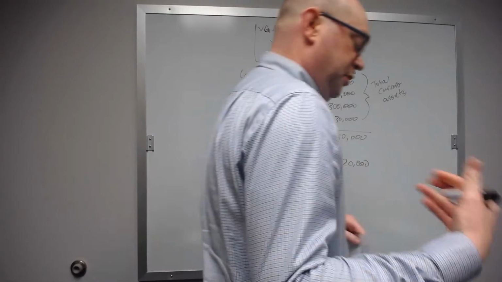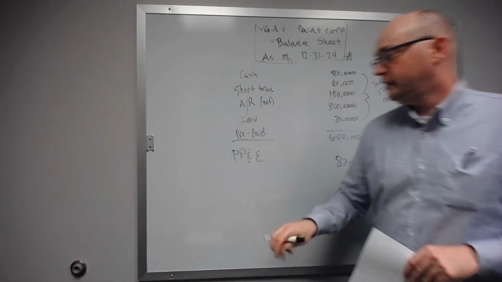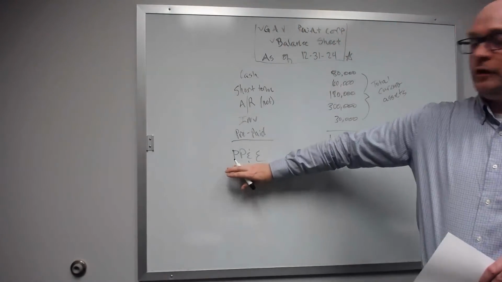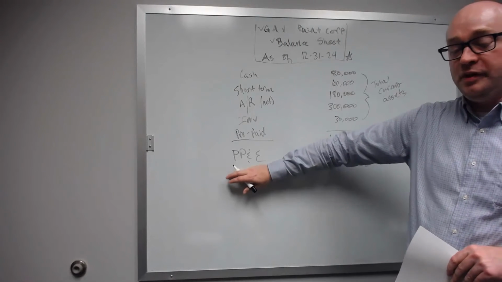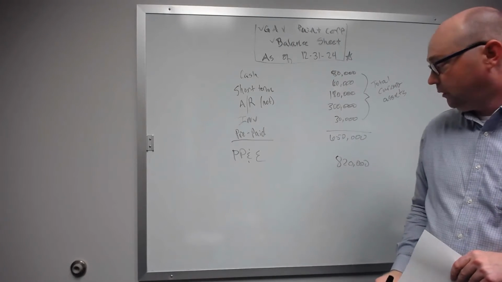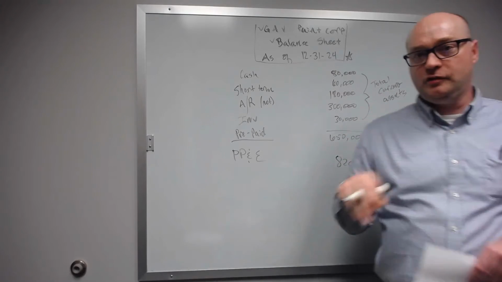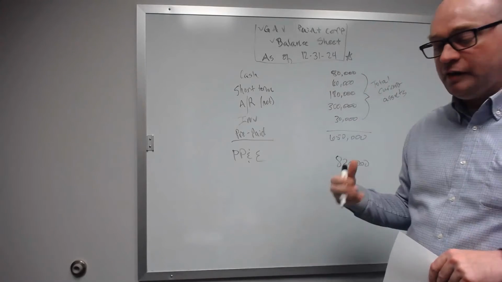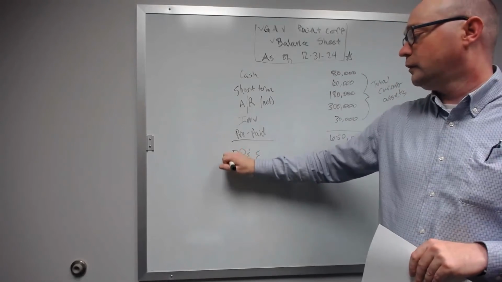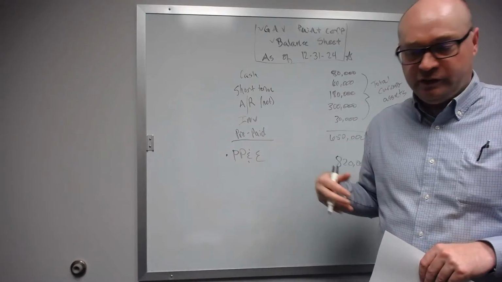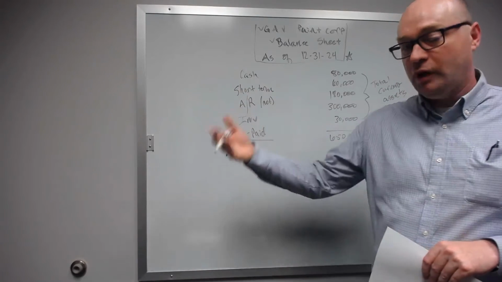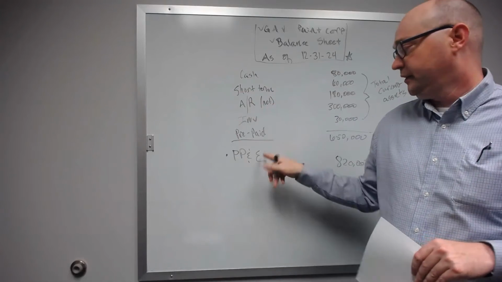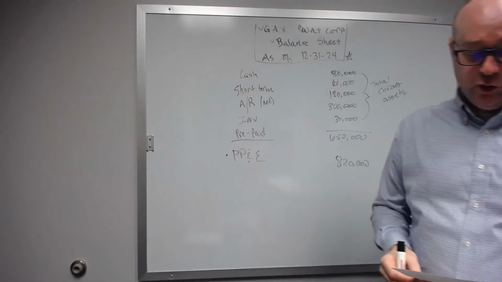So that PP&E is a long-term asset because these are things that we're going to use over the course of several years, probably, to benefit the company, to benefit the organization, right? The reason it says net, you'll notice again that this says net, is because we're taking out depreciation. We don't expense these all at once. We don't take the whole expense at one time. We allocate that expense over several years or several months, however long we decide this piece of equipment is going to be valuable to us.